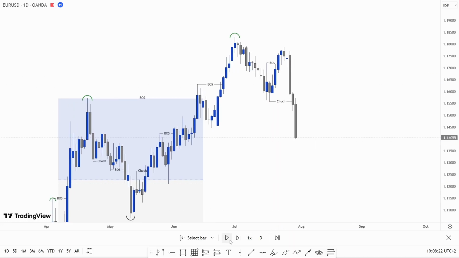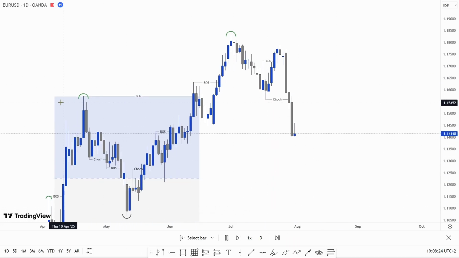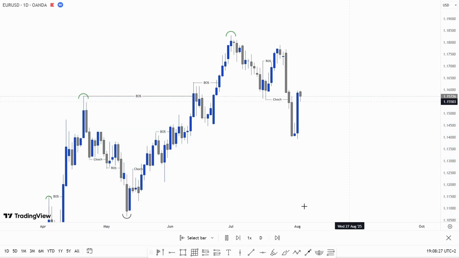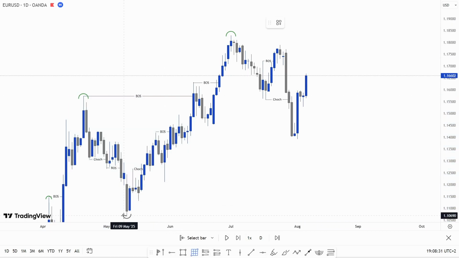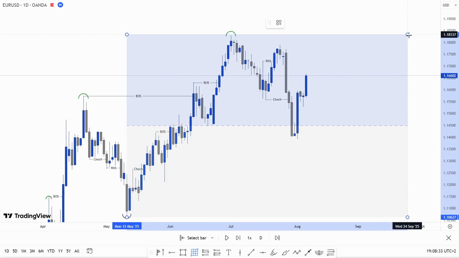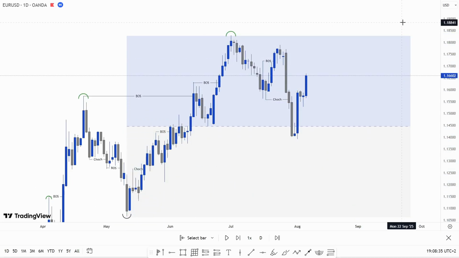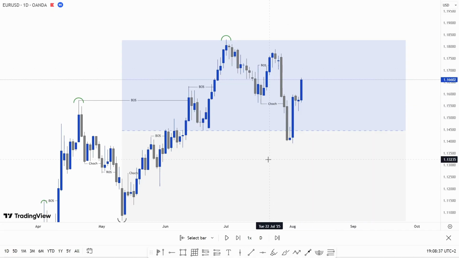So let's play price and see what the market does. Let me just take away this zone, and create what we call the premium and discount zones. As we can see, price had a change of character from the lower low and lower high. What did price fail to do?